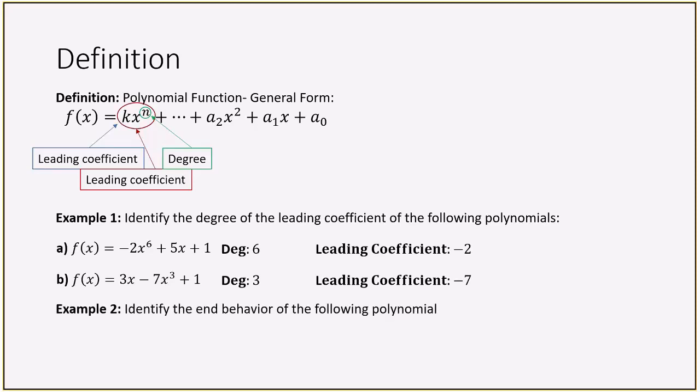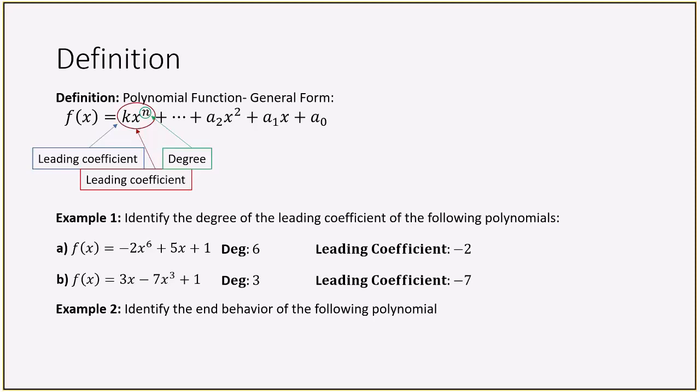Now, the whole purpose that we went through those power functions is that power functions are very specialized. You don't see a whole lot of expressions or equations that just have a single term, like a single negative 2x to the 6, and that's it. It can happen, but it doesn't always happen.